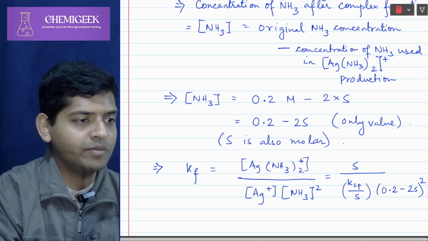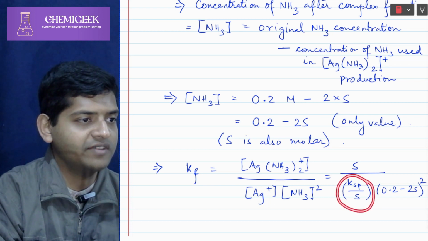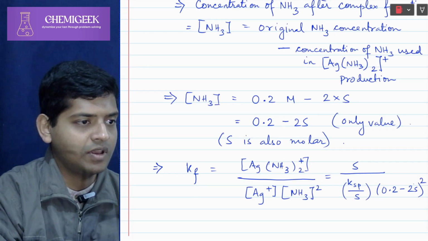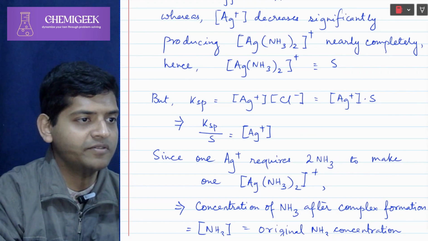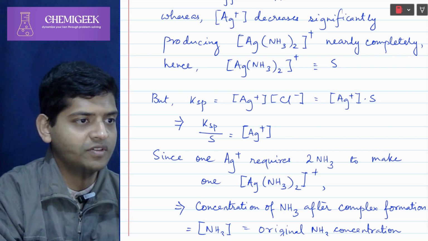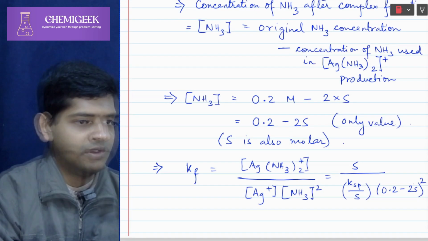So this is coming for the ammonia. Now for the silver ion, it is Ksp by S. We are getting this from here, and for the silver ion, we are getting it from here. So this should be the equation for the formation constant.